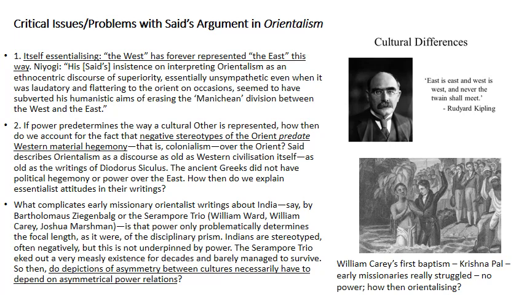Alright, Said suggests that it's basically certain types of material power that lead to stereotyping, but in fact, you can see that it's not necessarily the case, which you see with the Serampur trio, which you see even in ancient Greek writing. They didn't have material power, but they're still stereotyping. So, stereotyping can happen without this link to power. Okay?